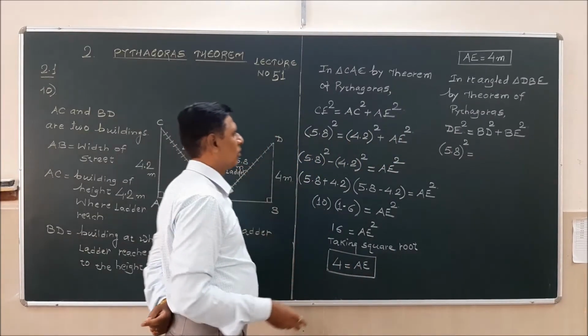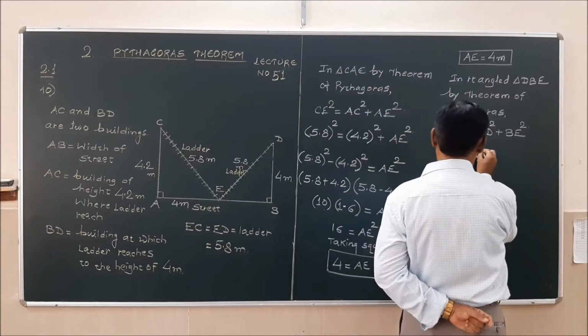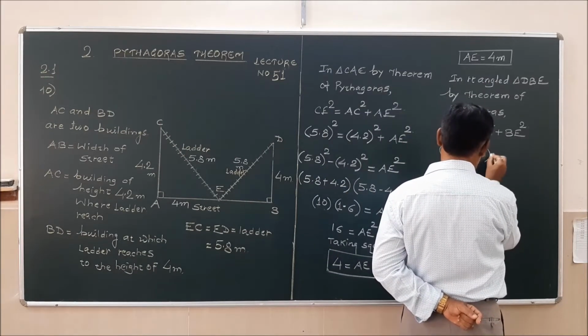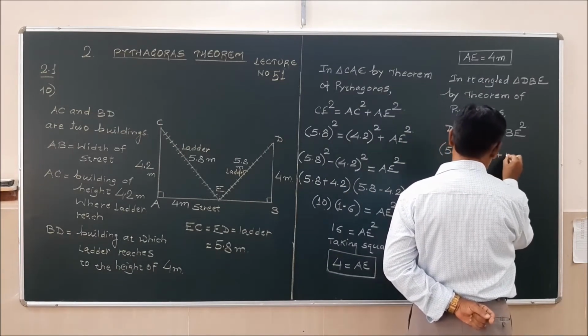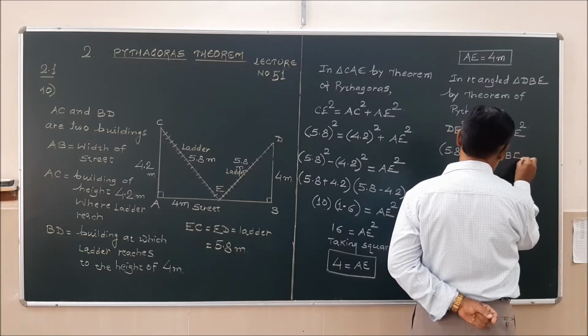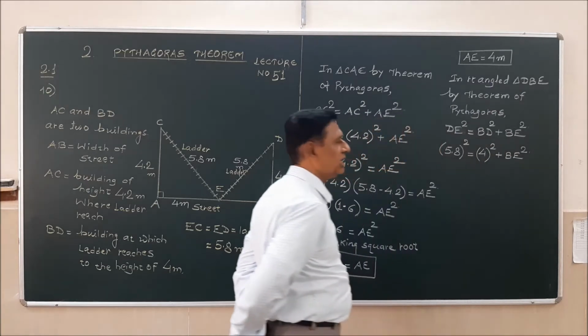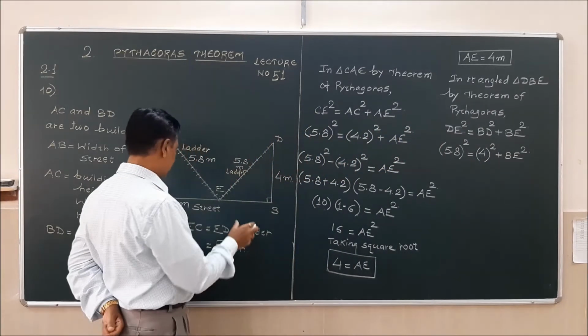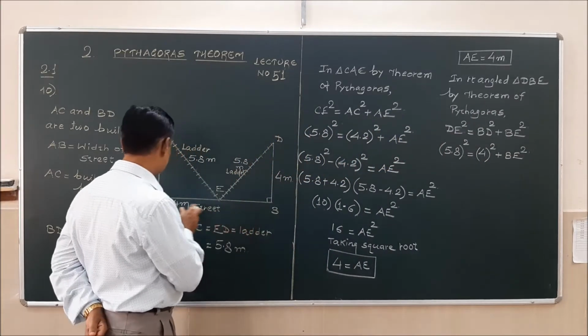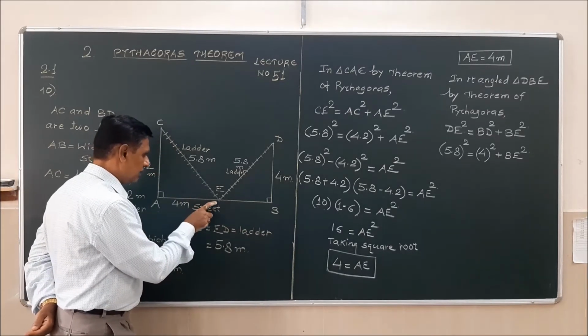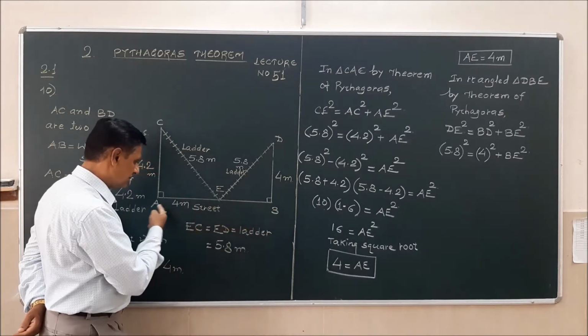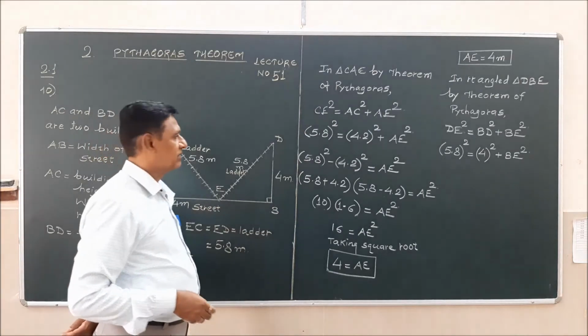BD is 4, so 4 square, plus BE square. We have to find out this BE so that we can add AE plus BE to get the width of this strip.